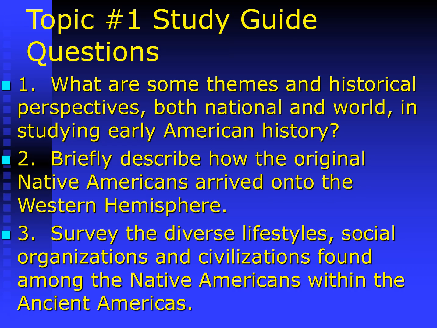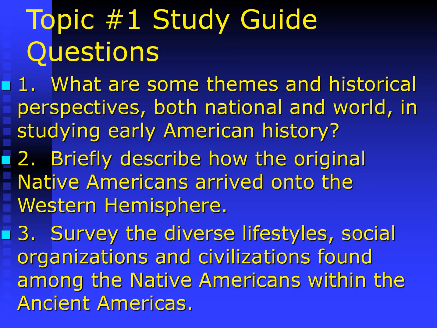Then for number 2, with a lot of maps and images, I'll briefly describe how the original Native Americans arrived onto the Western Hemisphere. So it'll be a little bit of cultural anthropology, but that'll be an opening question to establish the geographic setting for the future United States.